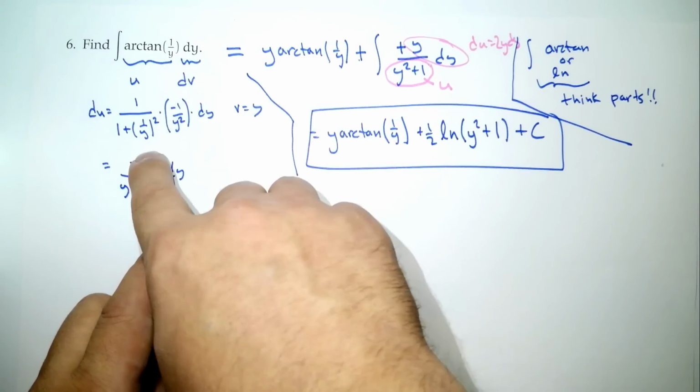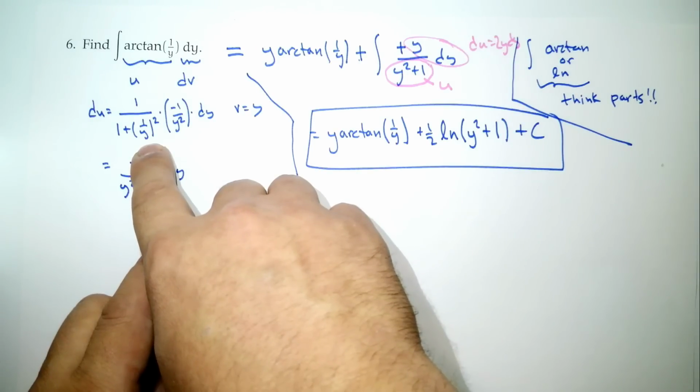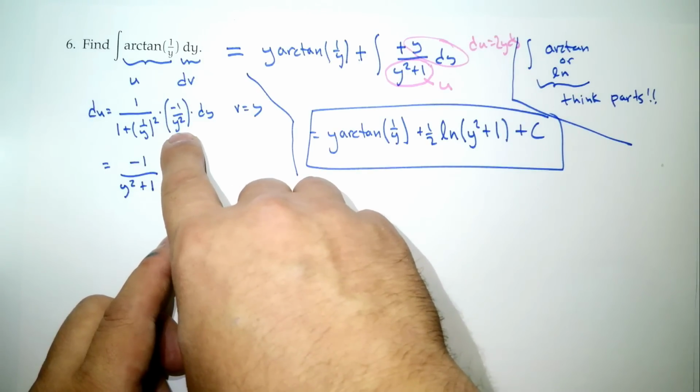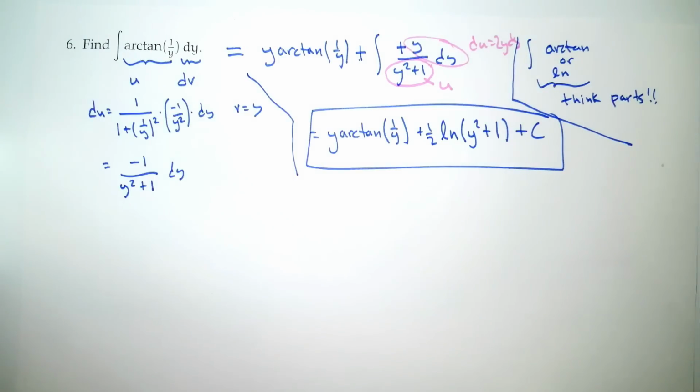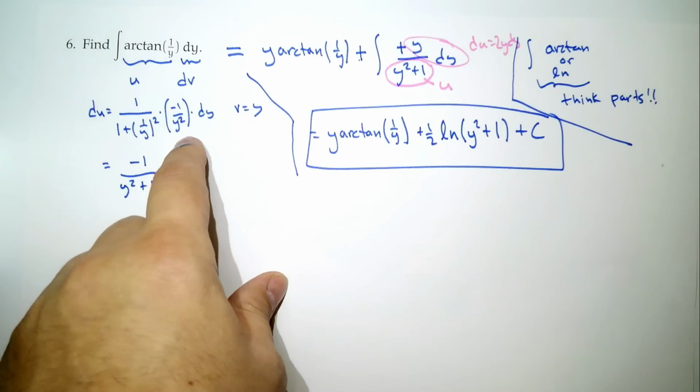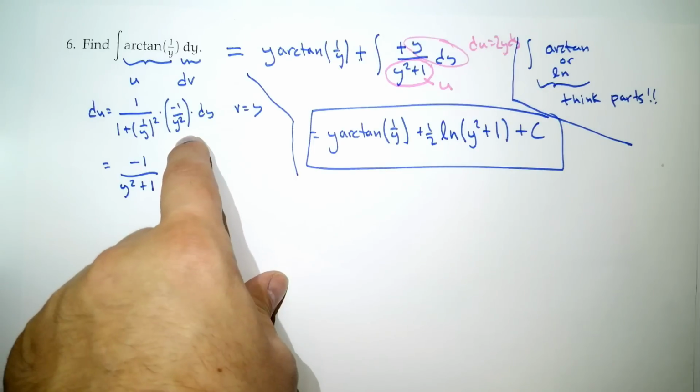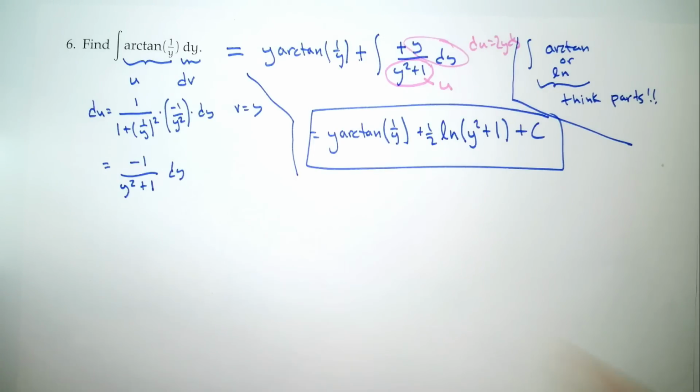So in our case, it's 1 over y on the inside squared. And then the chain rule says multiply that by the derivative of the inside. So you multiply by the derivative of 1 over y. So it's y to the negative 1, the negative 1 comes down, that's the minus sign, and y to the negative 2, because you subtract 1. And that's where the 1 over y squared is. And then it's times the derivative of y, which is dy. So it's the chain rule.